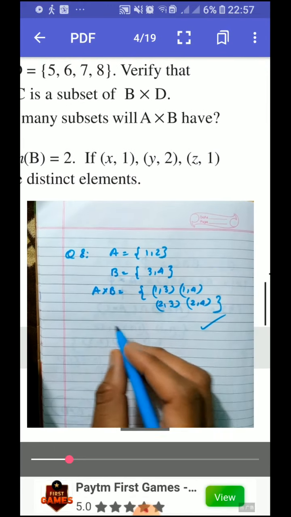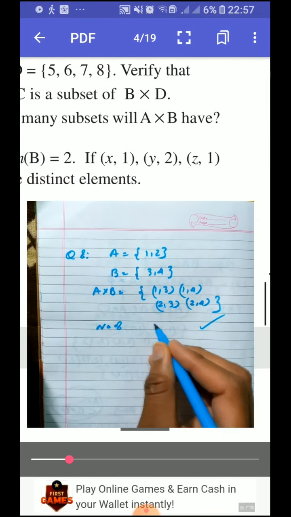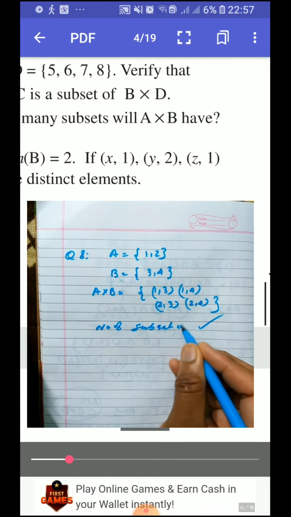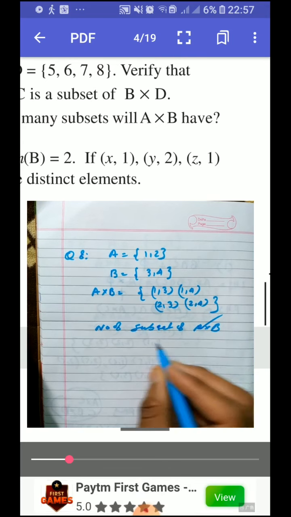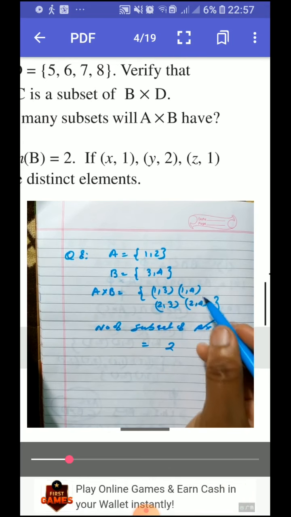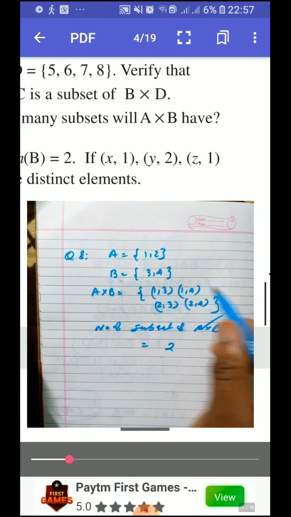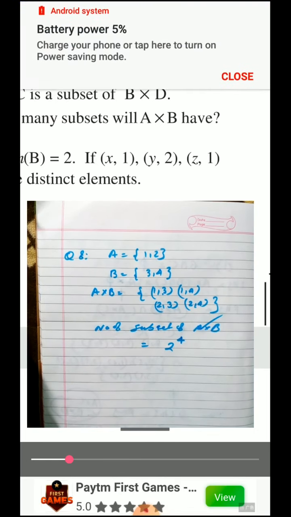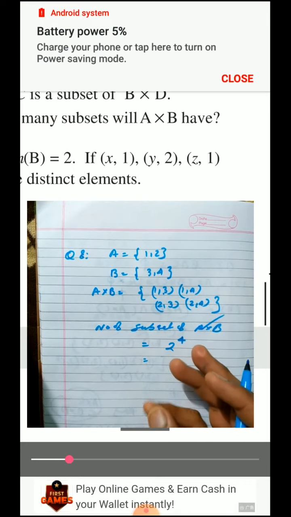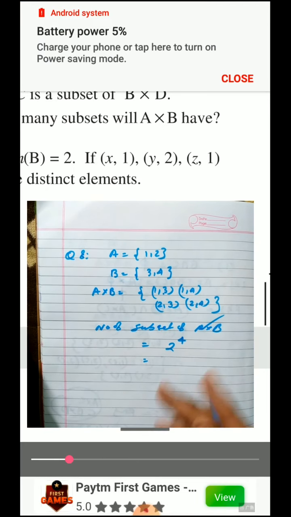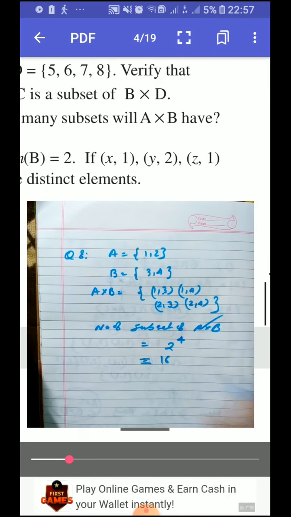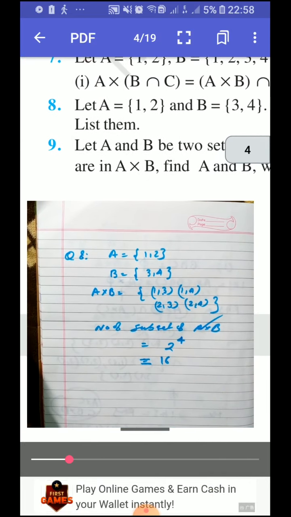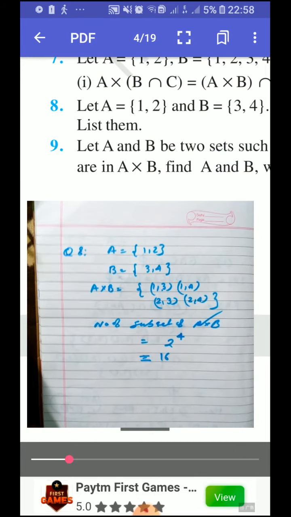The number of subsets of A Cartesian B equals 2 to the power of the total number of elements in A Cartesian B. There are 4 elements, so 2 to the power 4, which is 16. This is your answer. Now come to question number 9, the last question of this exercise.